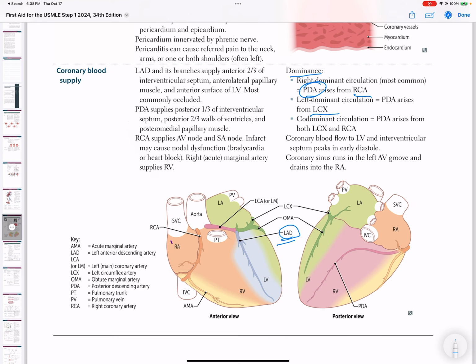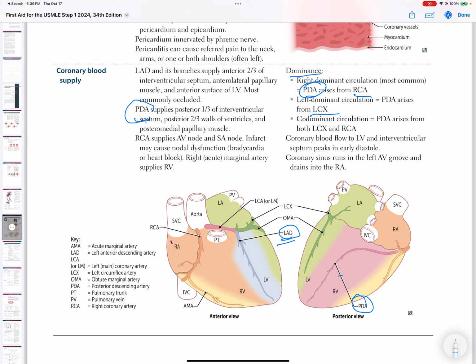So this PDA depends on which artery it is arising from. If it is arising from the right coronary artery, it's right dominant. If it is arising from the left circumflex artery, then that's left dominant.